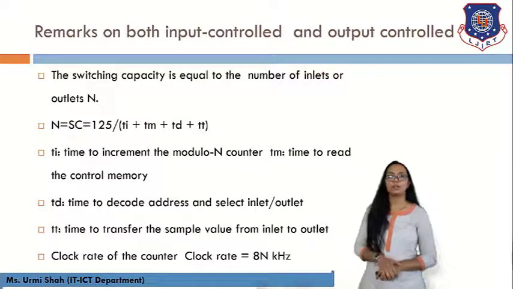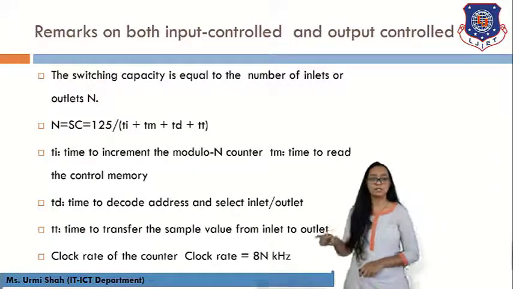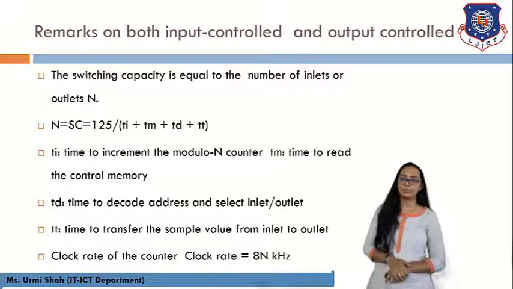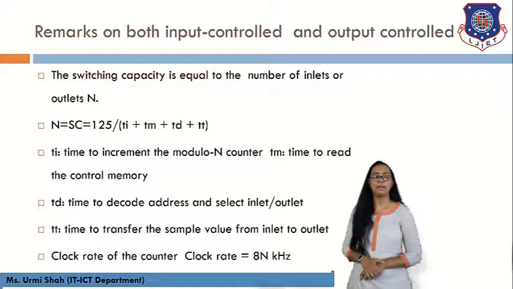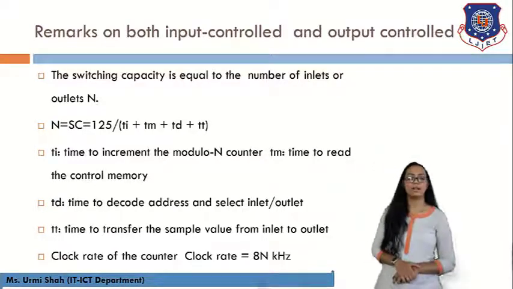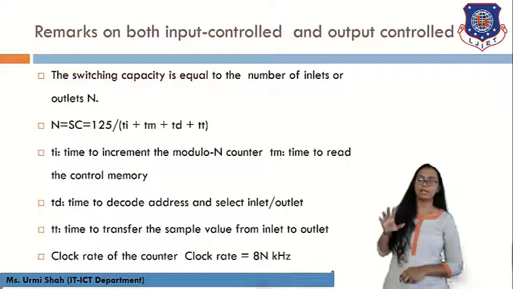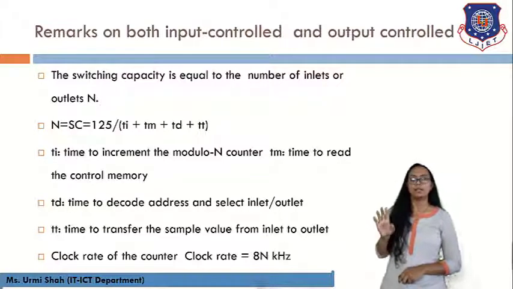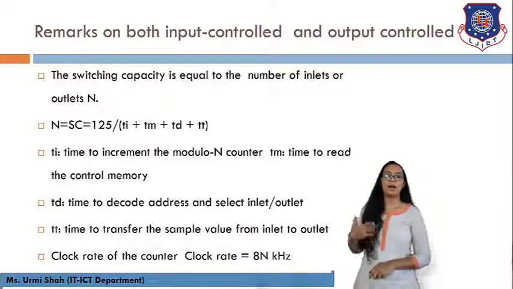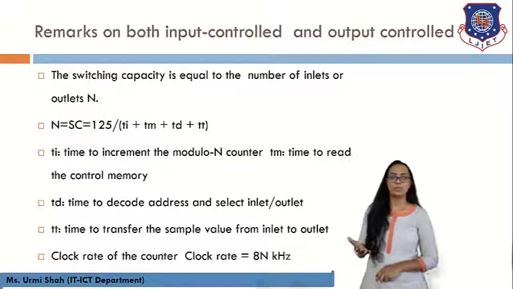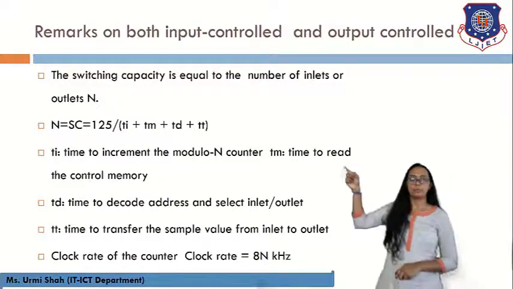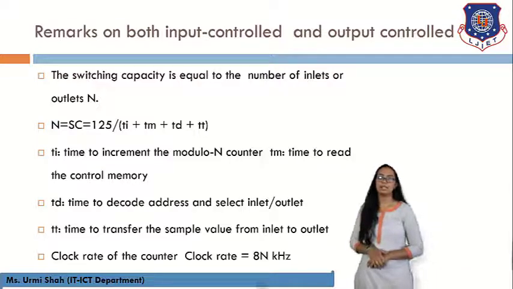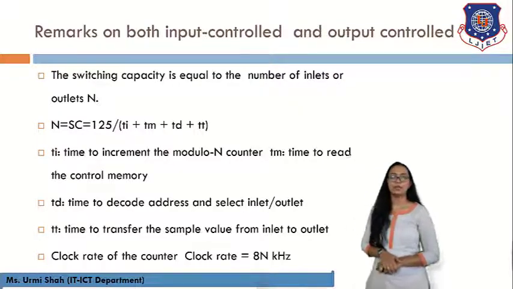So this is all about the calculation of switching capacity for input control and output control mechanism in time division space switching network. If any questions come in your examination about how to calculate switching capacity for a time division space switching network, and these time durations have been given to you, you can apply this formula and easily calculate the switching capacity of your network.